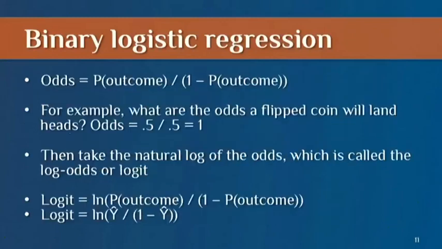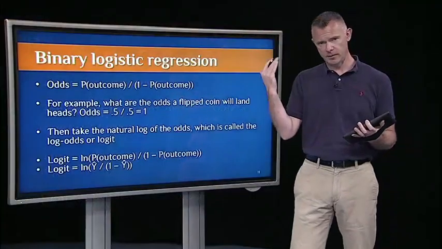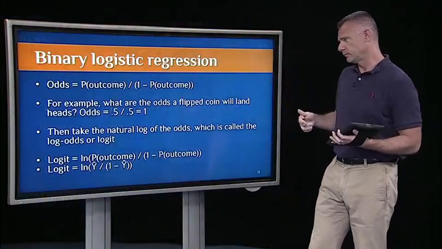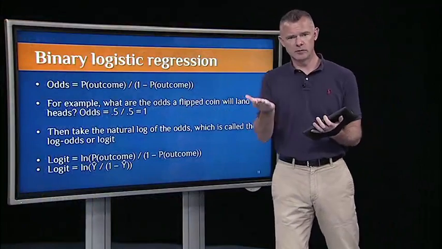We can think about the probability of the outcome as well as the odds of the outcome, or odds ratio. An odds ratio is just the probability of the outcome over 1 minus the probability of the outcome. So for example, if the probability is just 0.5 of some outcome, then the odds or odds ratio is an even 1.